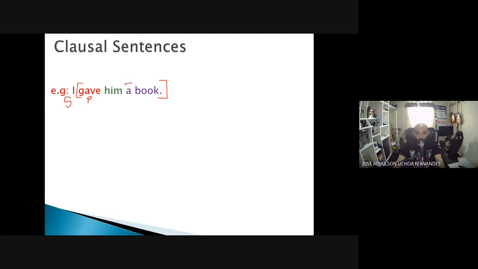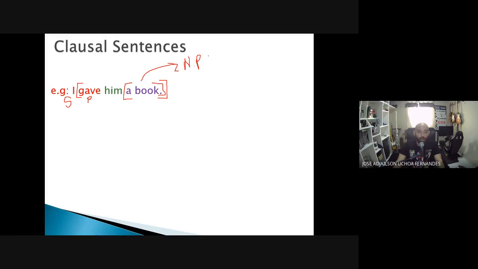In purple here, a book. What kind of a phrase is this? It's a something phrase. Let's not try to find the complements now. Just tell me what kind of a phrase is this? A noun phrase. It's a noun phrase because book is the head of this.